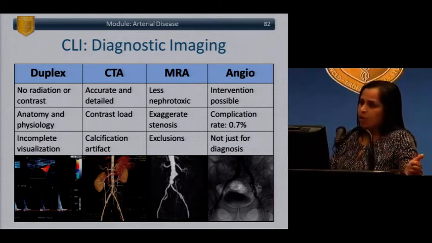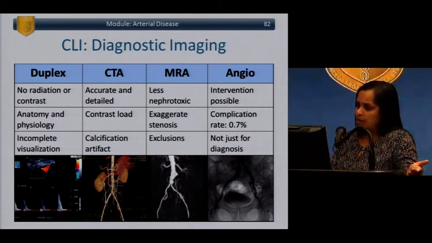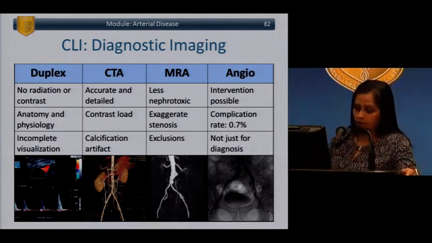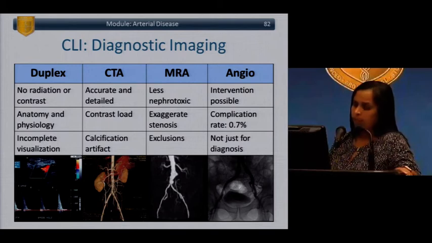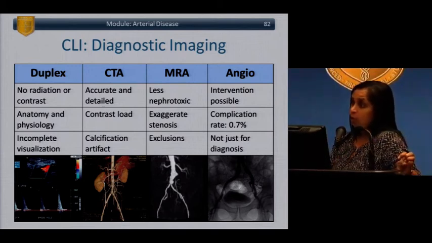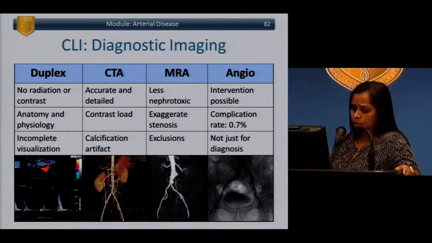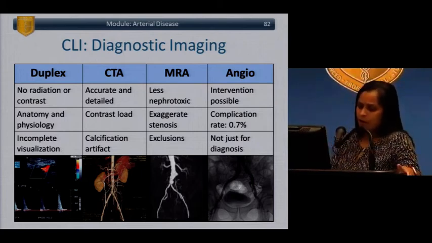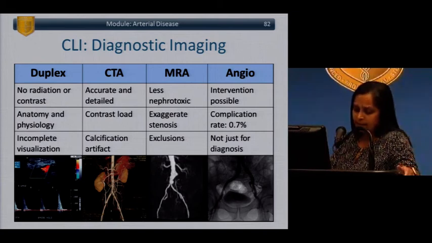Additional imaging with things like CT angiogram, MRA, or a formal angiogram are typically reserved for patients in whom you're planning to do some sort of intervention, or in someone whom you have trouble making a clear diagnosis, but most commonly it's a planning type of study.